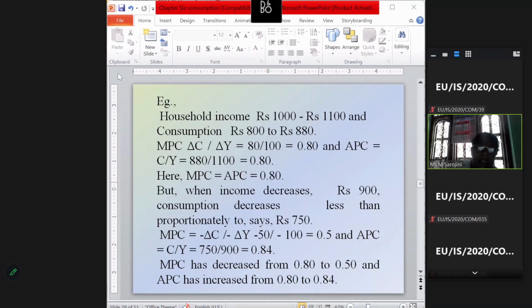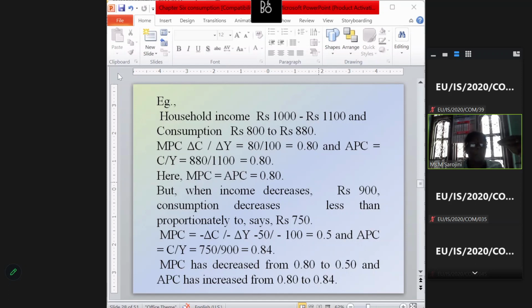Consumption decreases from only 800 to 750, only 50.